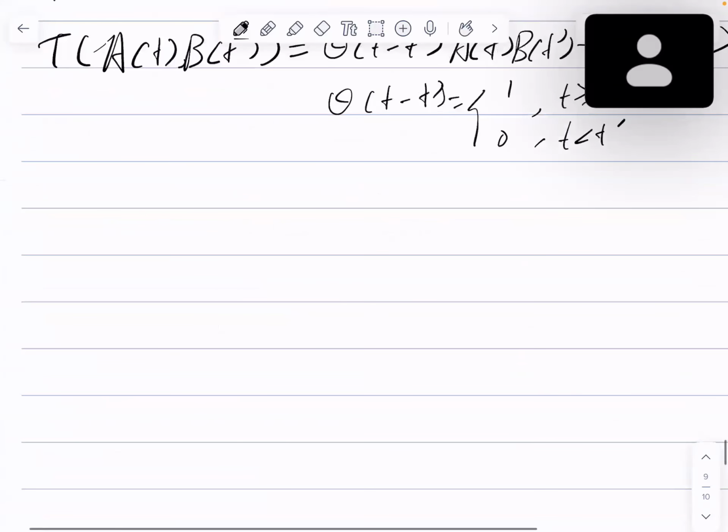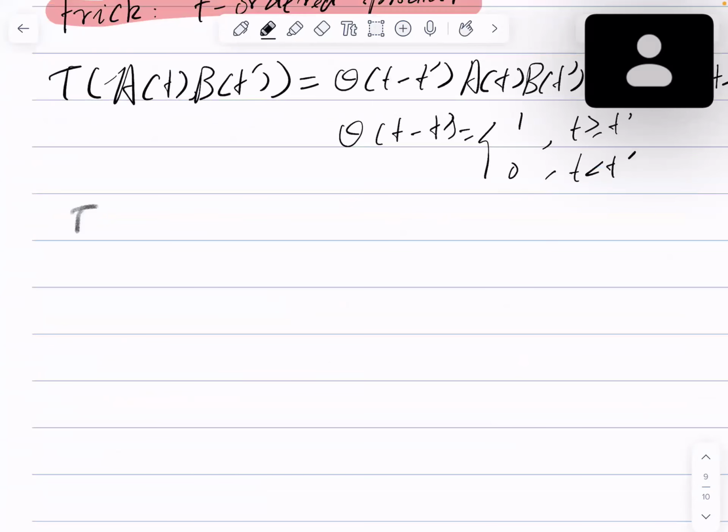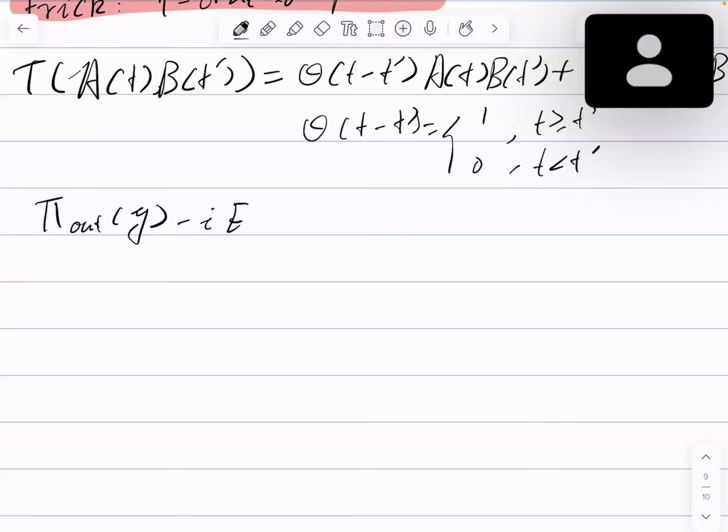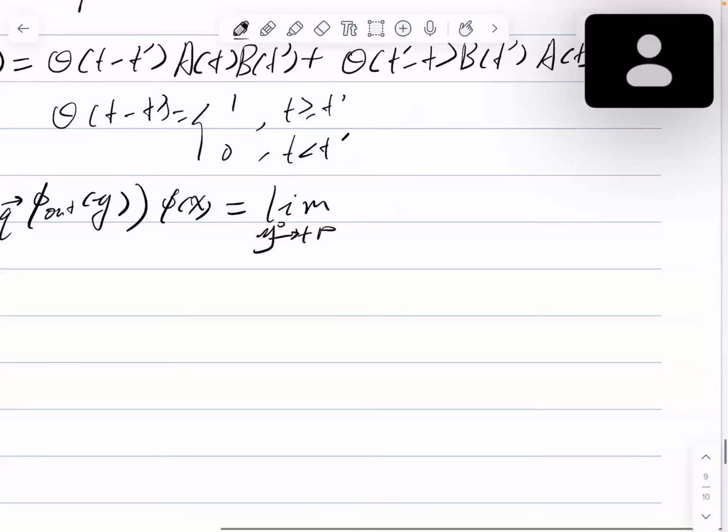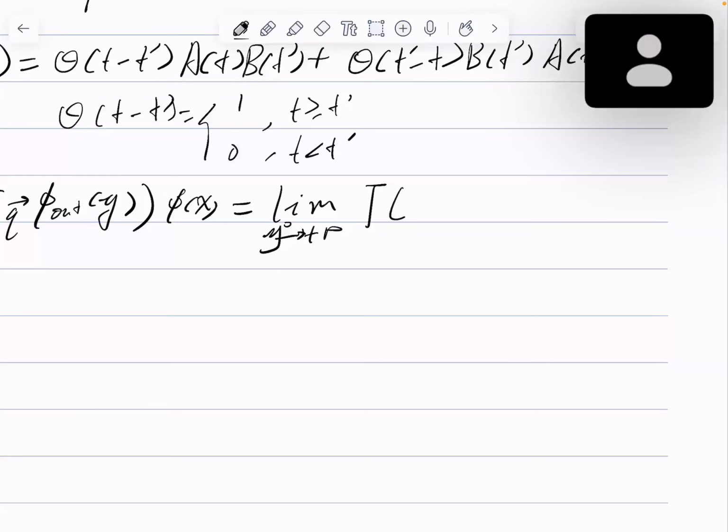Notice that this term, I out y minus I in Q I out y, phi x actually equals the corresponding time product from 0 to infinity, T phi y minus a eq phi y phi x.